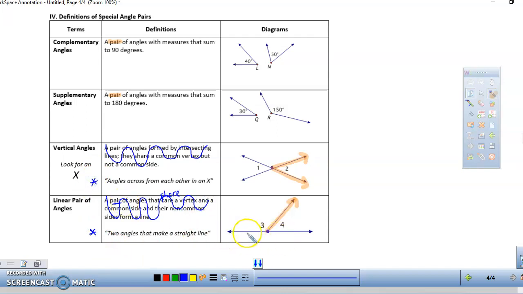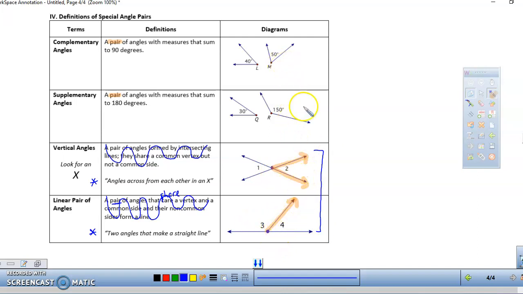Okay, and again, you can always assume that lines are straight. So if you see a line and there's two angles forming that line, you can assume that that is a linear pair. You can't assume very much, but these two guys here, you can assume to be true as a vertical angle and a linear pair in a picture.